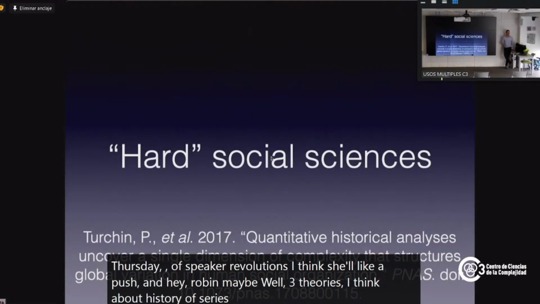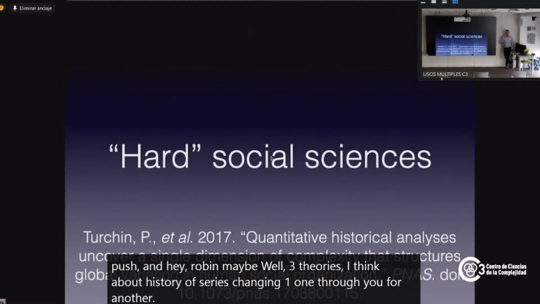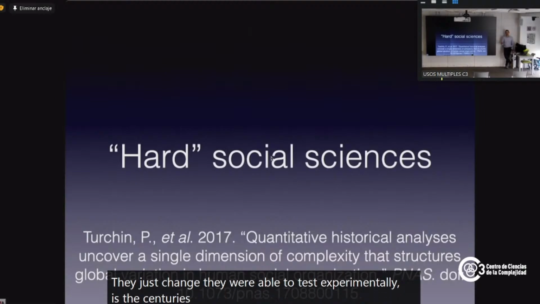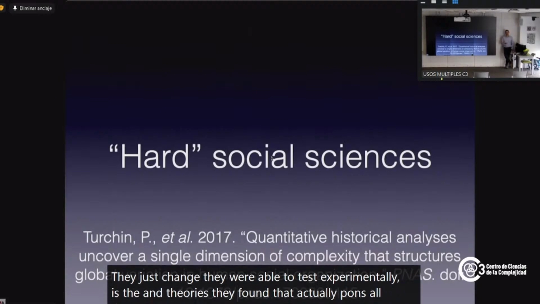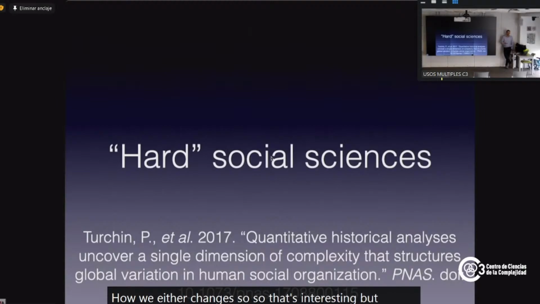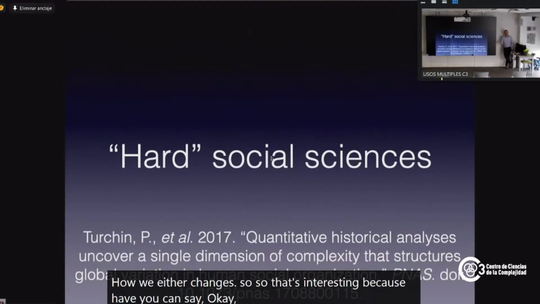But then she saw how, with Wikipedia data of how pages change, they were able to test experimentally these different theories. And they found that actually Kuhn's model is the one that is consistent with how Wikipedia changes. So that's interesting because now you can say, okay, this theory has been validated and these two theories have been falsified.